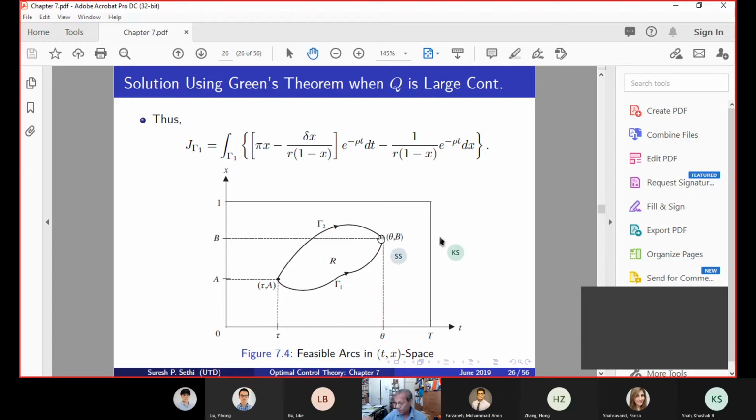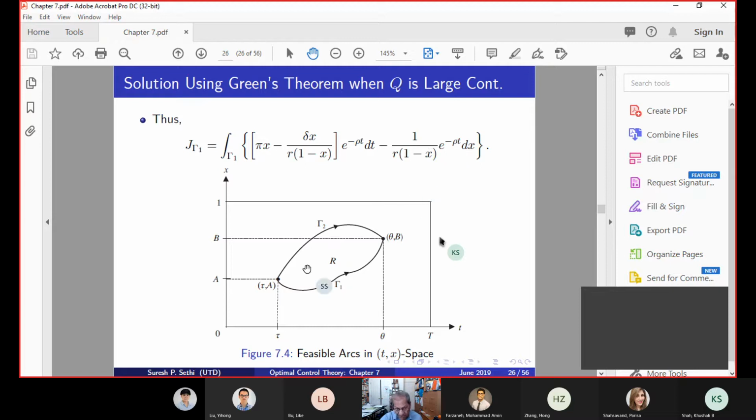So for different feasible control trajectories from tau to theta, I can express the profit of any feasible control by this integral. First I take the feasible control. From the feasible control, I create a path x(t) in the xt space, and that path allows me to define this line integral, and that gives me the profit.